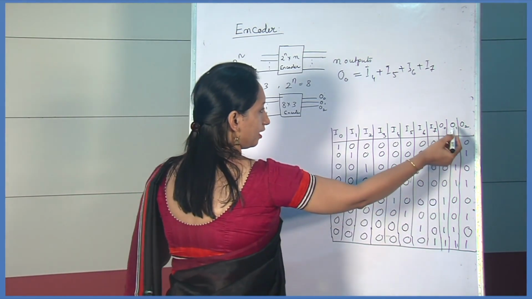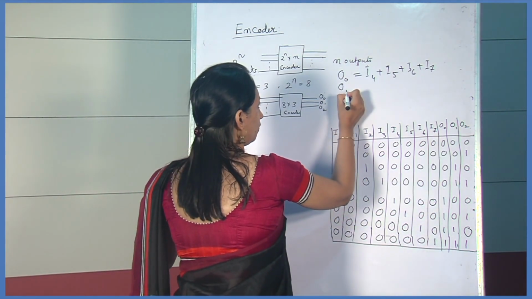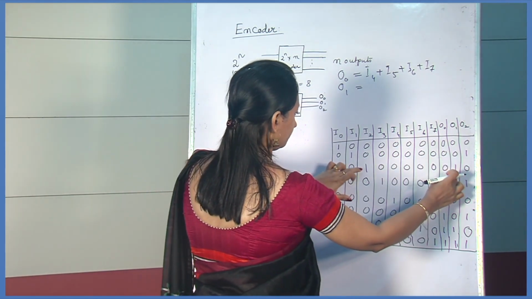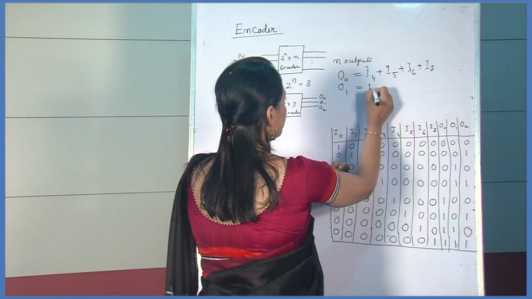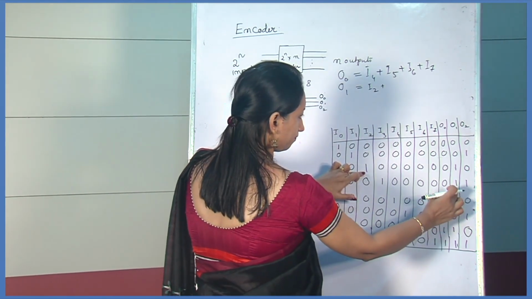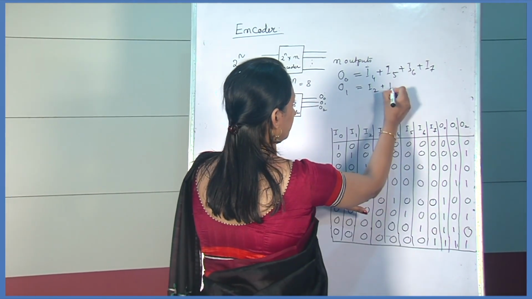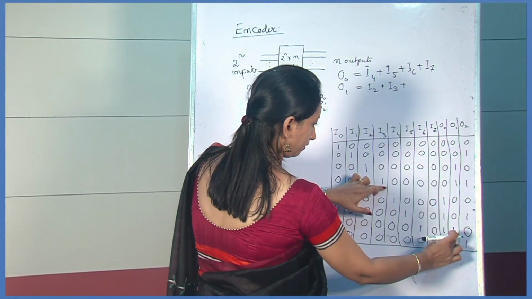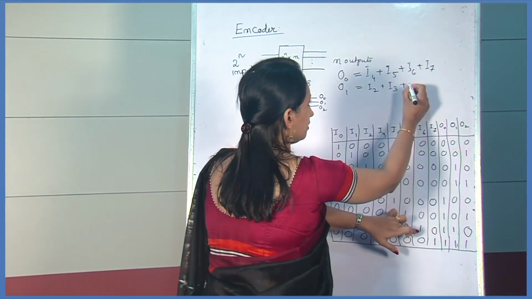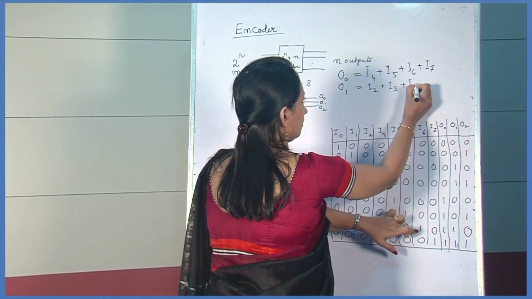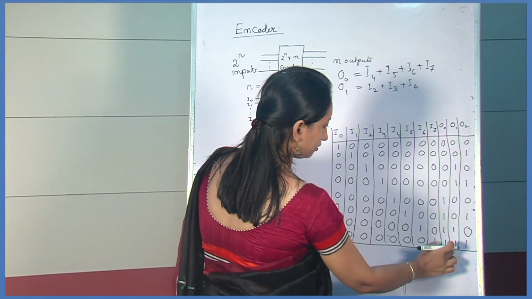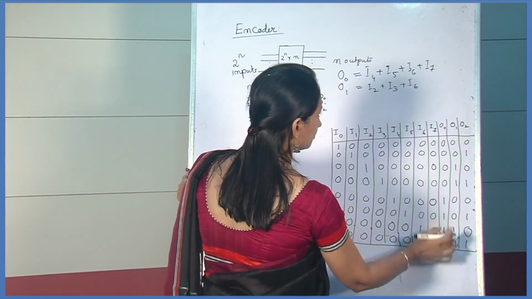Then for the next output O1, when this output is high, first I2 plus I3 plus I6, and for the last combination I7.